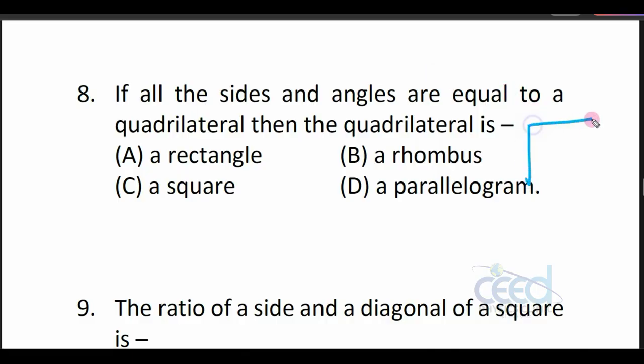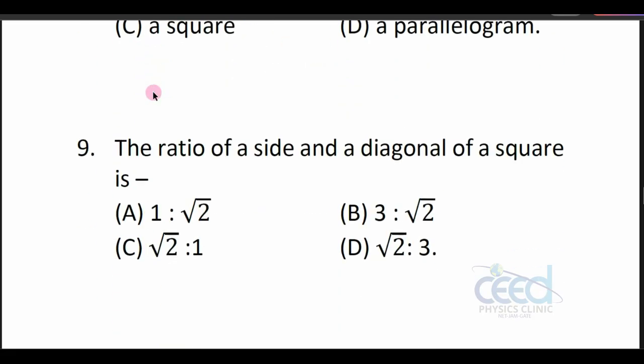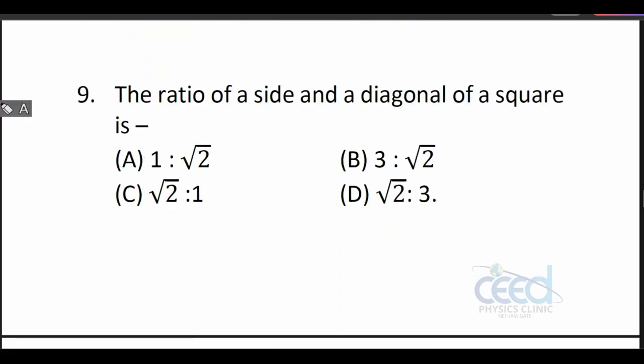Now in a square only, all sides are equal and all angles are 90 degrees, so it is definitely a square only, right?